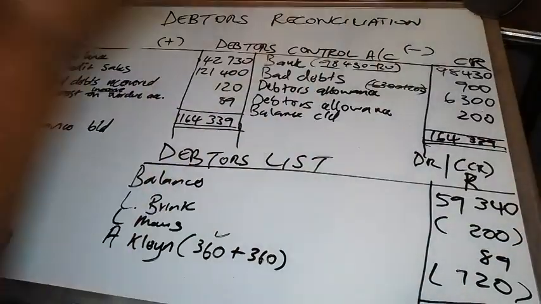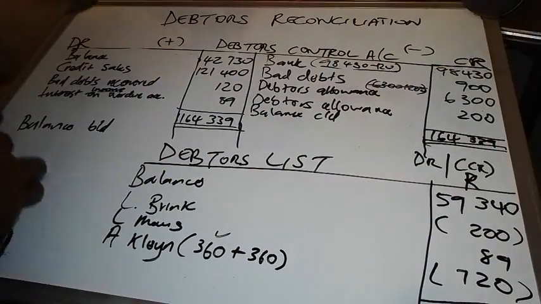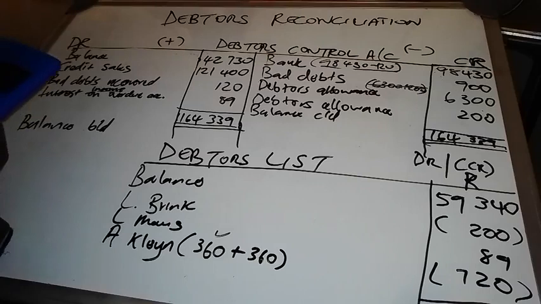So the bigger total is 164,339, and we subtract the total for the credit side in order for us to get the balance, right?